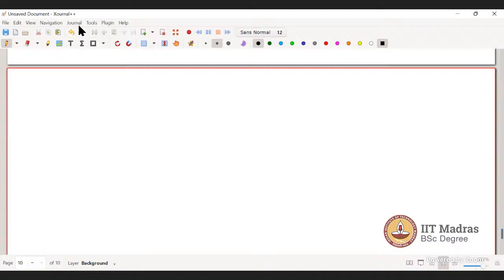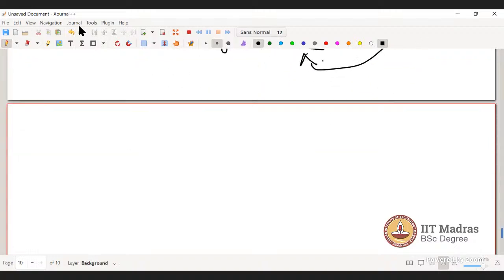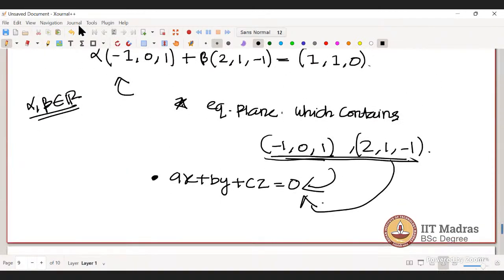I feel that is a slightly complicated way to do it. It is in class 12, where you compute the normal vector and then compute the equation of the plane.